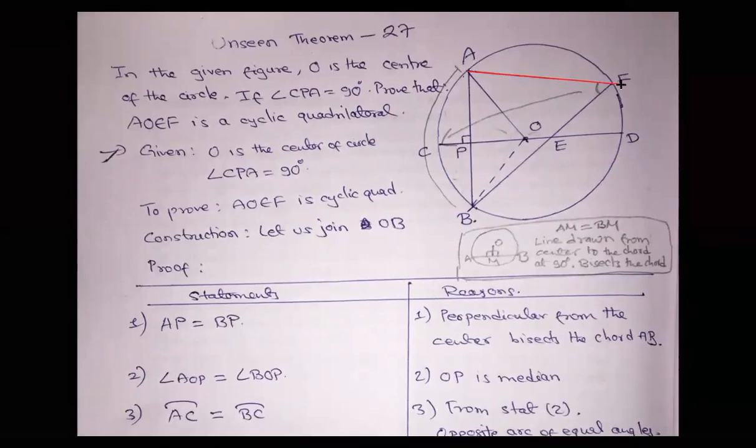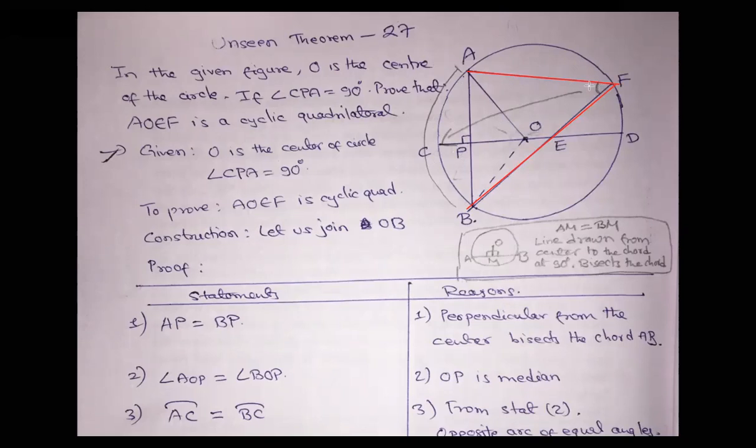So AFB, the angle is on the circumference, not at the center. If it is on the circumference, then the angle is going to be half of the arc. The arc is double, the angle is half.